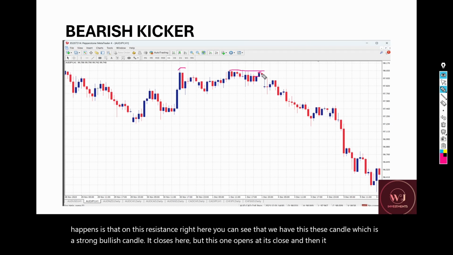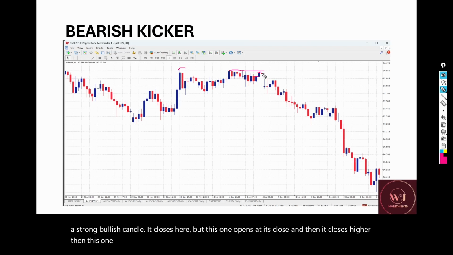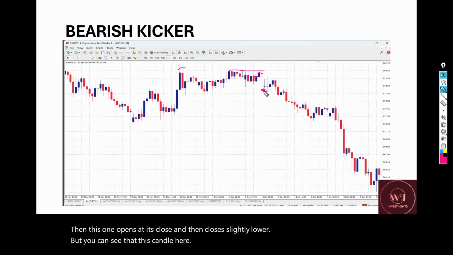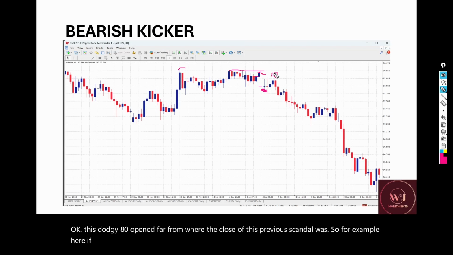Then this one opens at its close and then closes slightly lower. But you can see that this candle here, this doji, opened far from where the close of the previous candle was. So for example, if it was $10, you can see that here it opened at around $7, creating a gap.